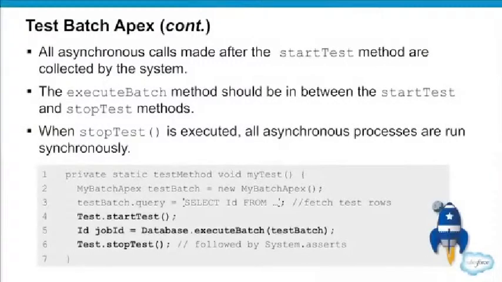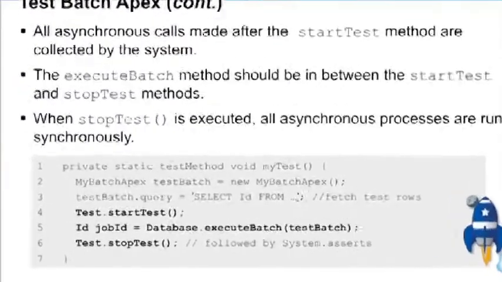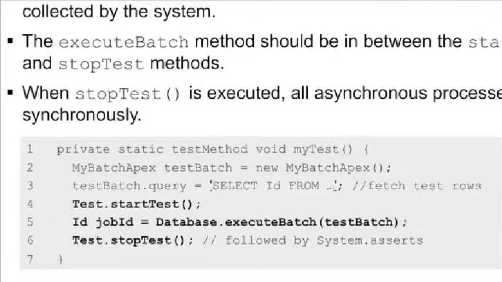If you're testing either of those, when it gets to test.stopTest, it runs your asynchronous code synchronously. So it'll run it right there. Now, inside your test, you can check to see that your batch job did what it was supposed to do, or your asynchronous Apex. Otherwise, if it was going to be running in some other transaction, the test would be over, and we'd be like, oh, I don't know how it succeeded or failed.